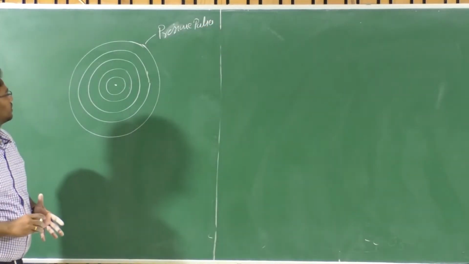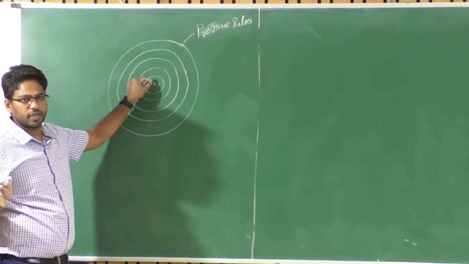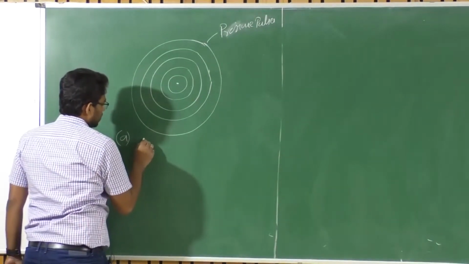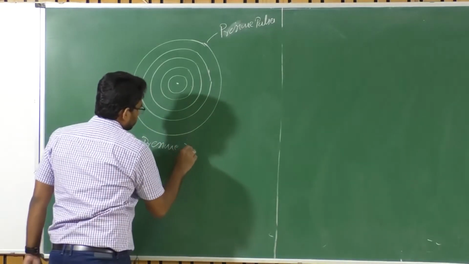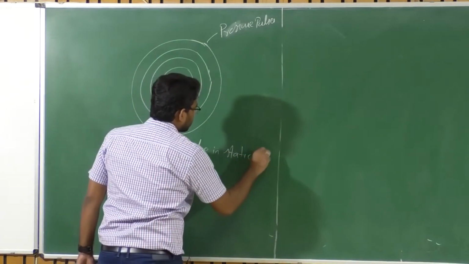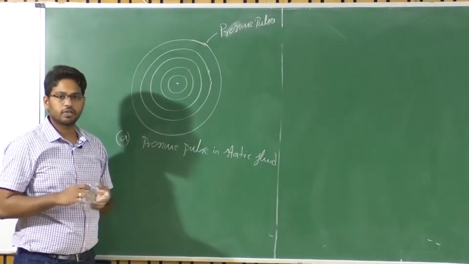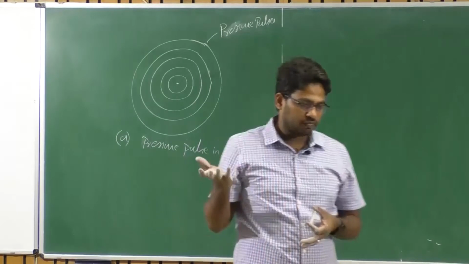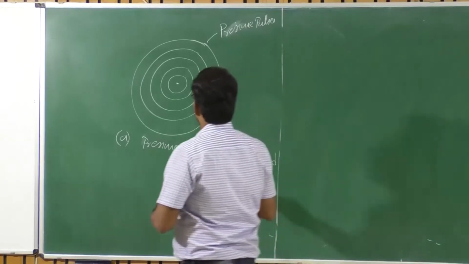These are the pressure pulses that propagate the disturbance from a given location where we have created it. So we are talking about pressure pulses in a static fluid, and the velocity of this pressure pulse is equal to the velocity of sound in that particular medium. So if it is in air, the velocity of sound in air is about 330 meters per second. Okay.